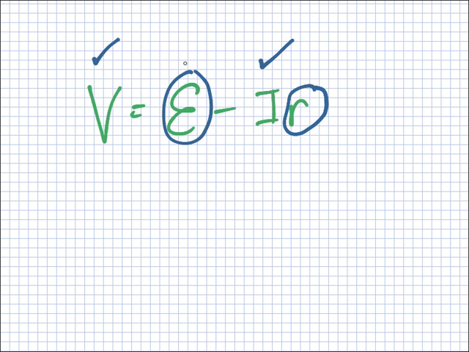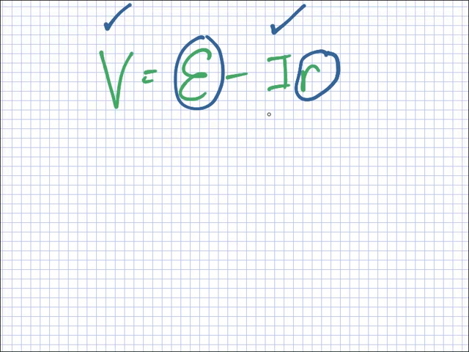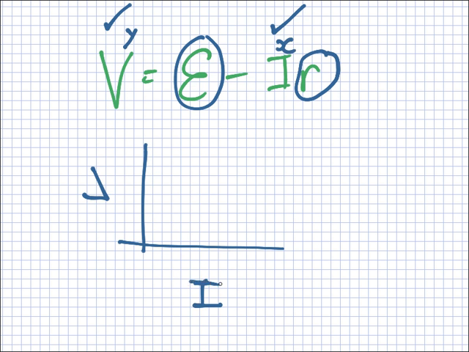So, you have a choice. Sometimes they write the formula like this, and if they do, you could make this graph, where you have V here, and I here. So this V is like the Y, and this I is like the X. What way will the graph look?